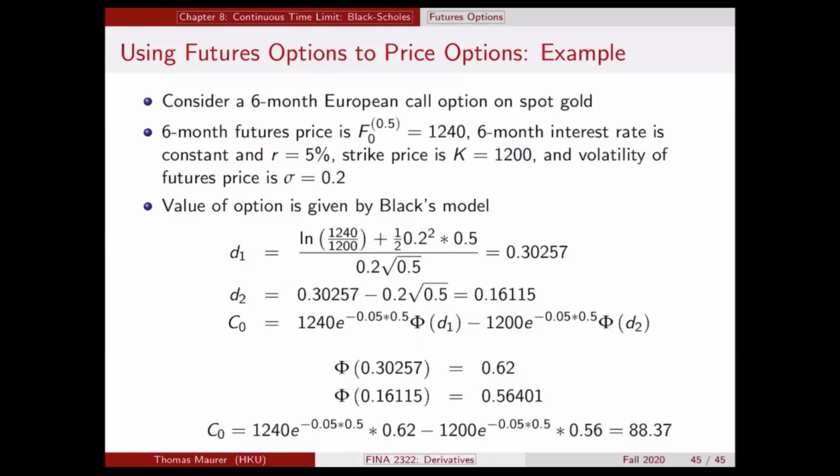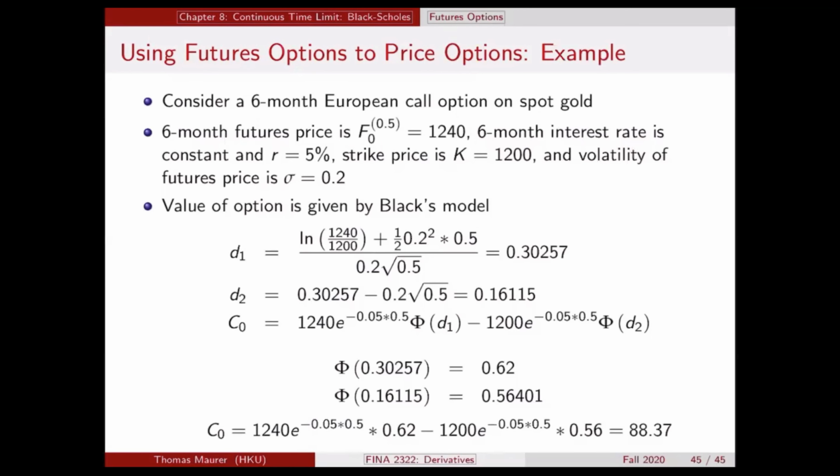Consider a 6-month European call option on gold, and here directly written on gold, not on the futures. That's what we would like to price. What we are given is the 6-month futures price on gold, F, with a maturity in 6 months, and that's $1,240.